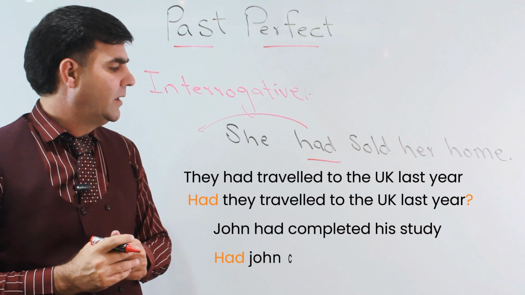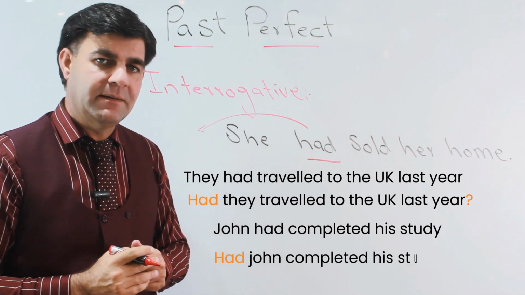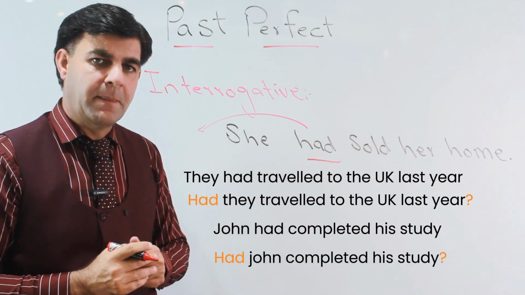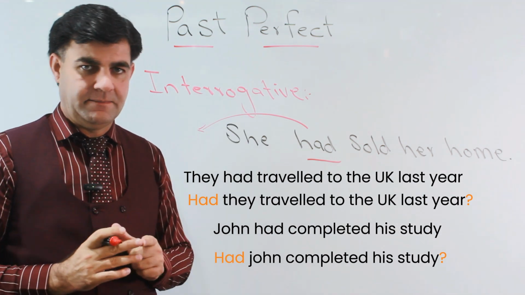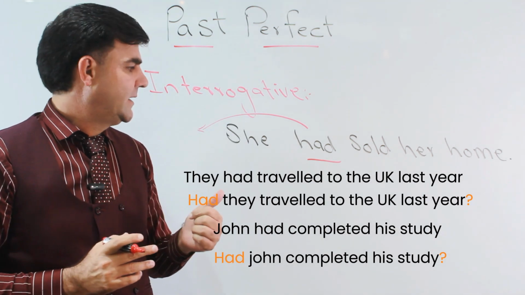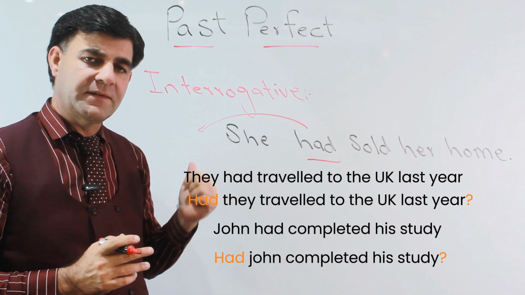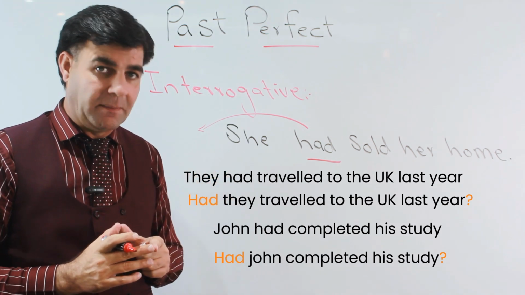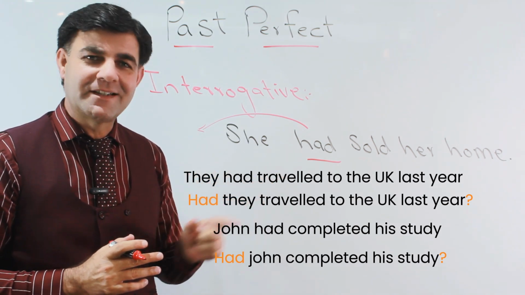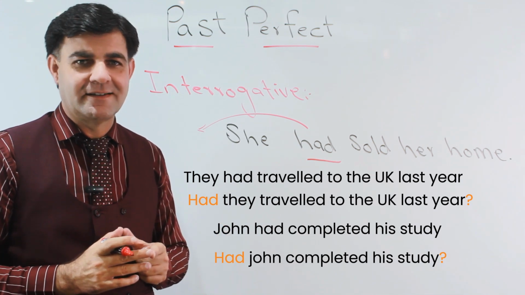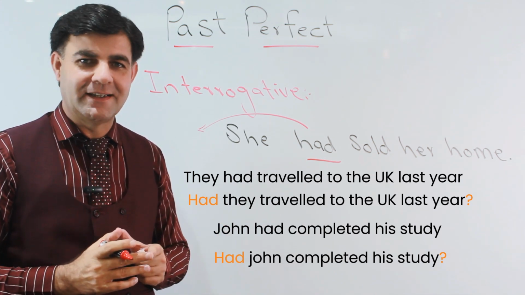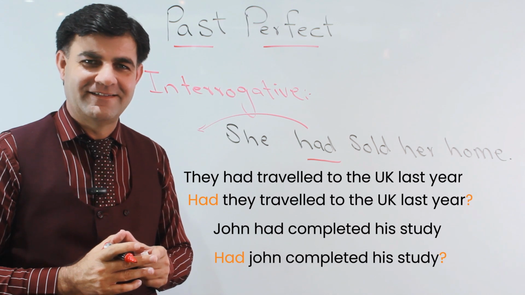Had John completed his study? Same formula for each and every sentence. Just take had out of the sentence and put it at the beginning and put the question mark at the end. The rest of the sentence, keep it as it is. The sentence will be automatically a question.